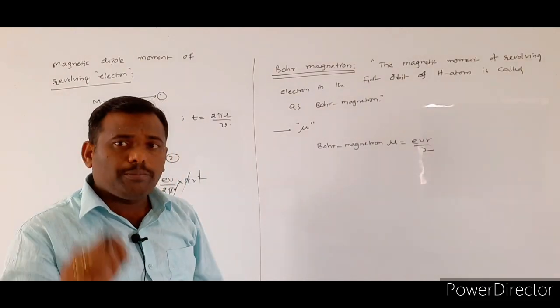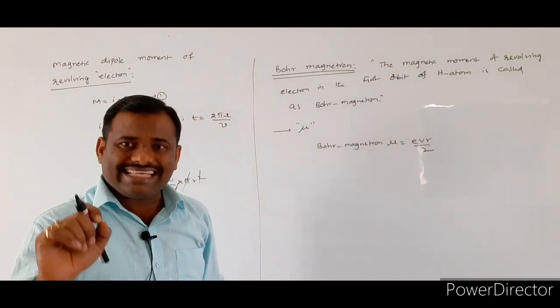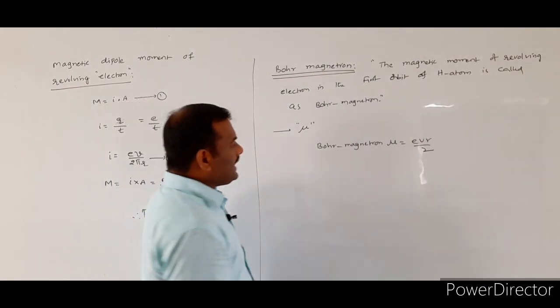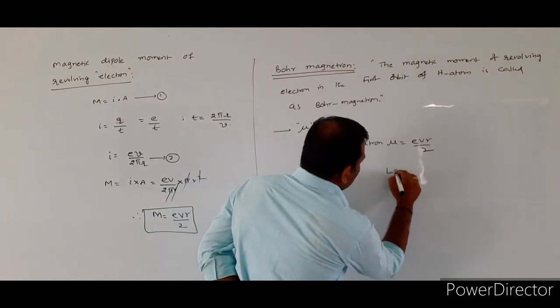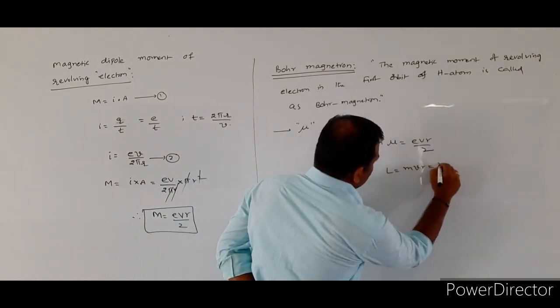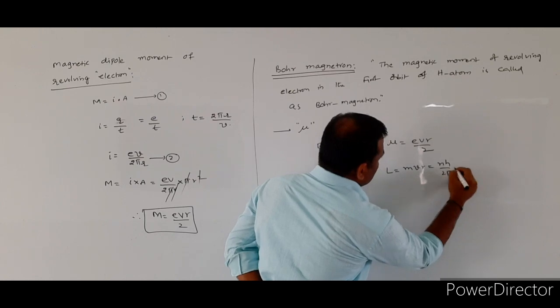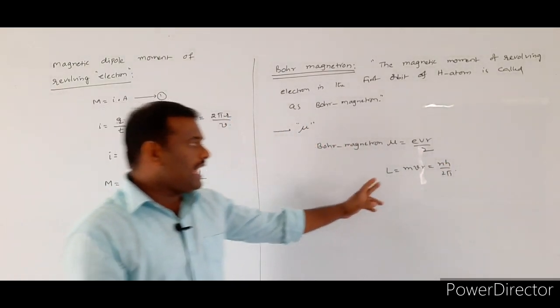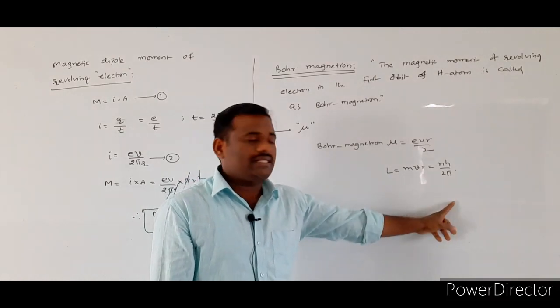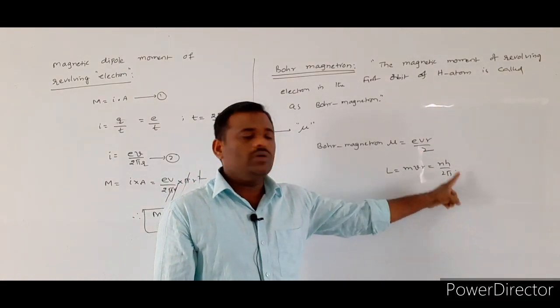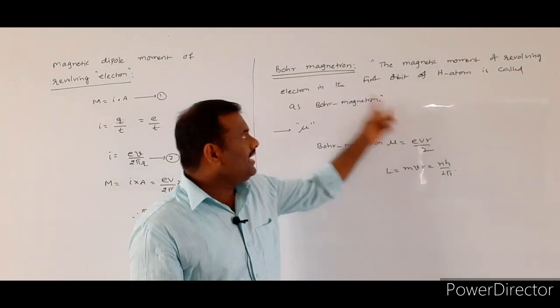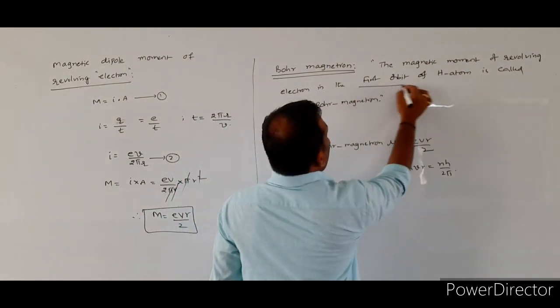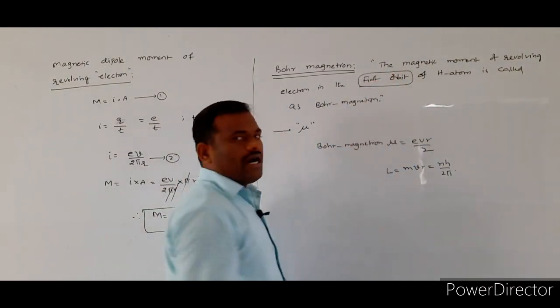So according to the Bohr postulates, the Bohr second postulate: angular momentum MVR is equal to nh by 2 pi. The angular momentum of the revolving electron is equal to nh by 2 pi. Here the electron is revolving in the first orbit.